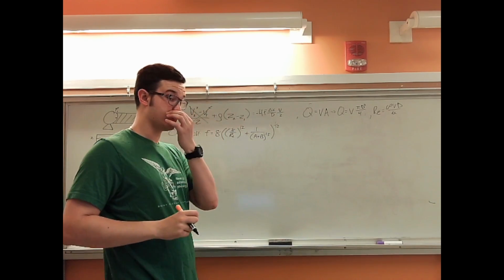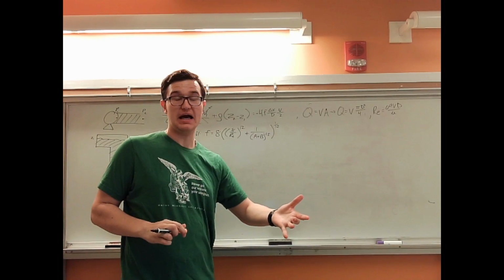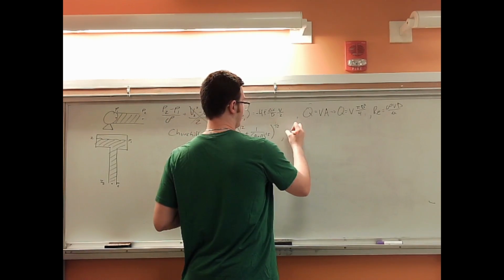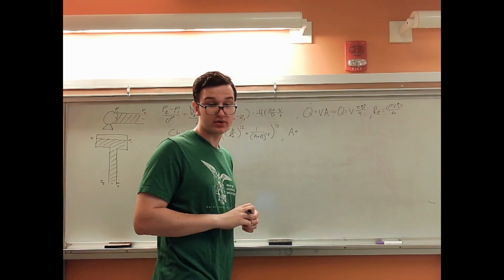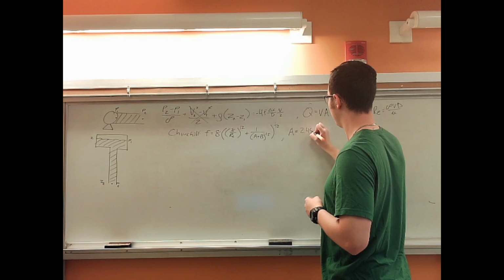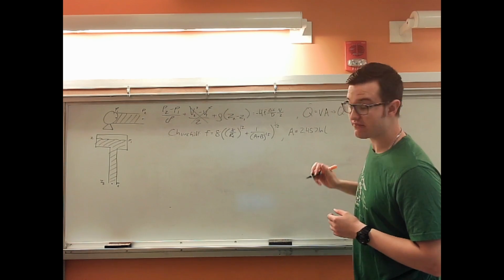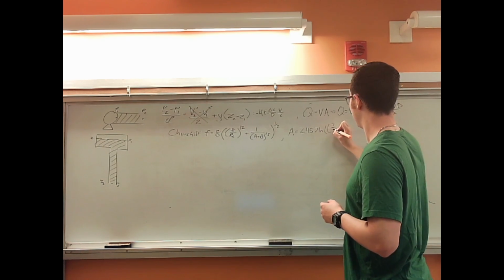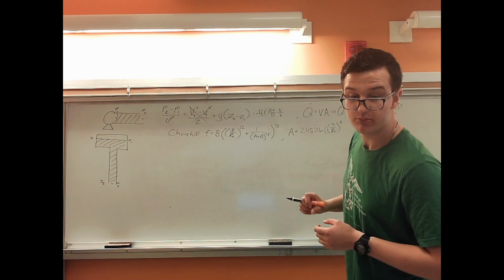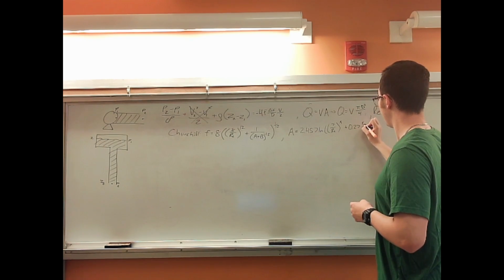Now, A and B are their own expressions, so they are written just underneath. A is equal to 2.457 times the natural log of 7 divided by the Reynolds number, to the power of 0.9, plus 0.27 epsilon over d.